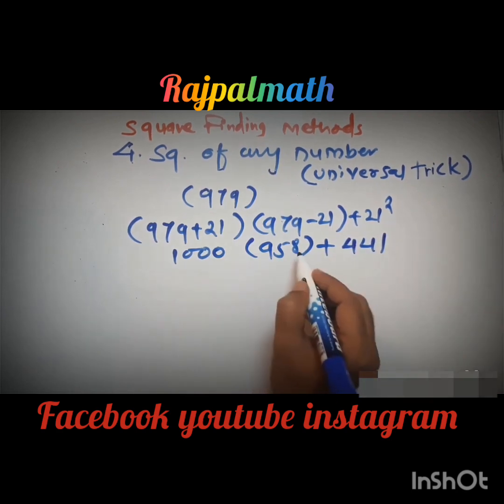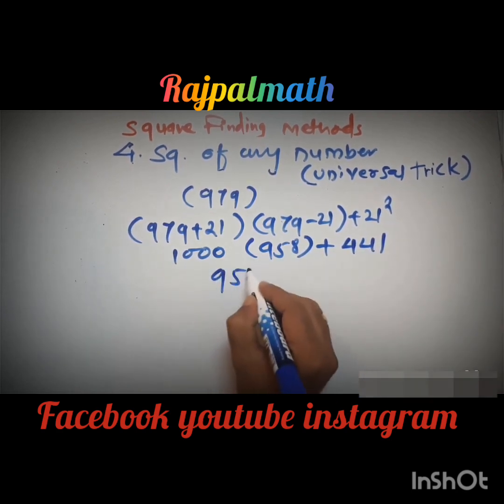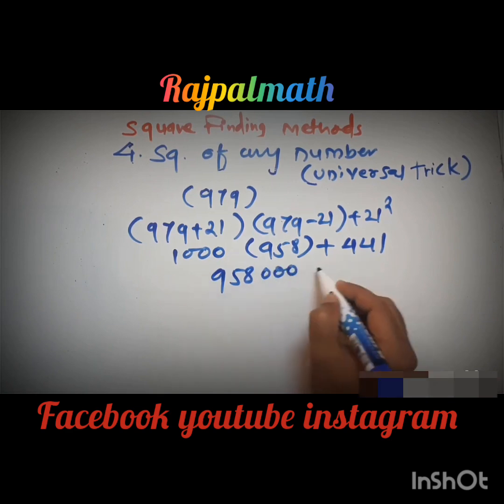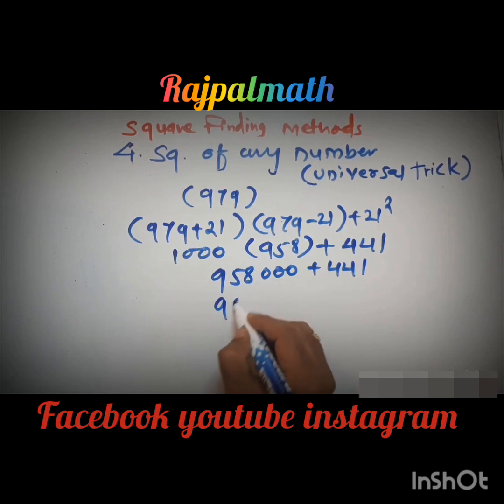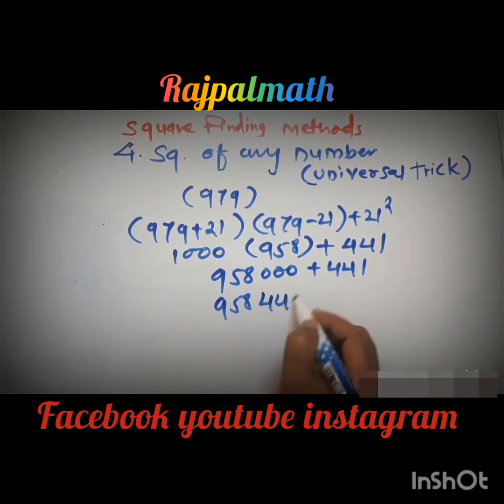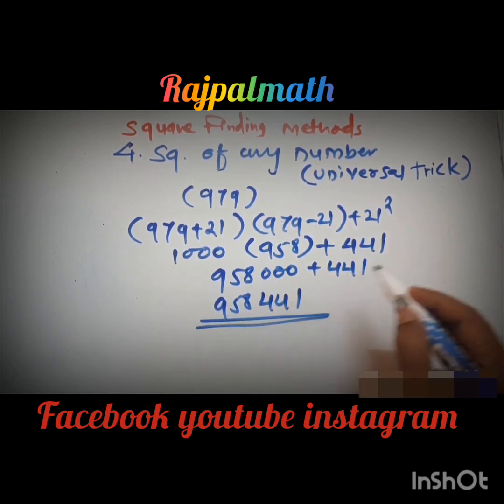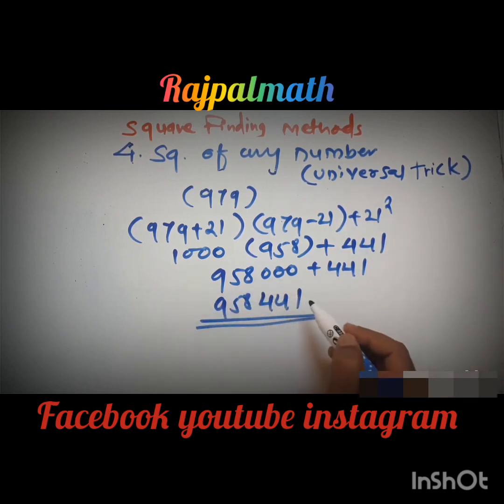Now my answer is 958,000 plus 441, and 958,441 is my answer. So you see, 1, 2, 3 steps I have done to reach this answer.